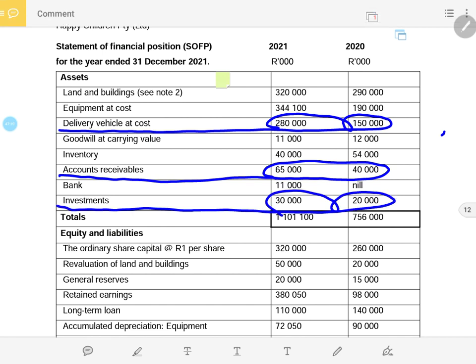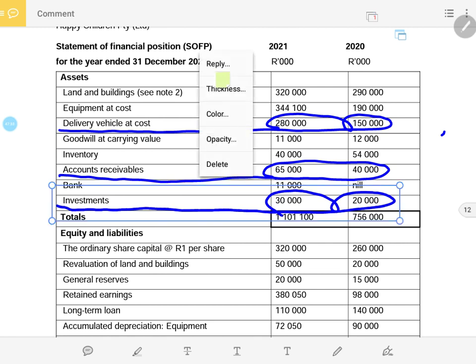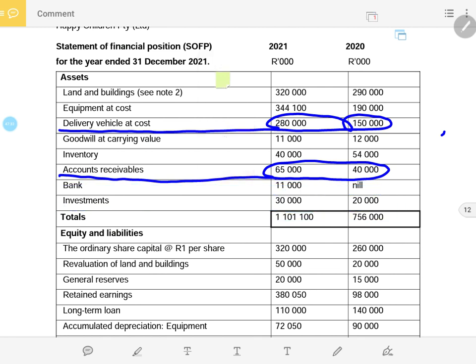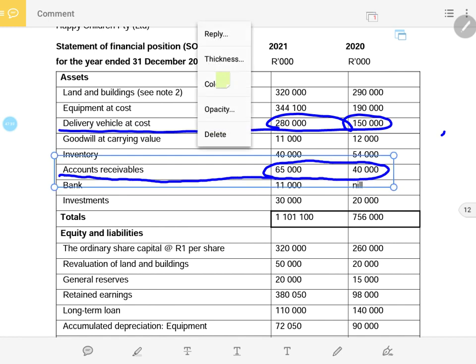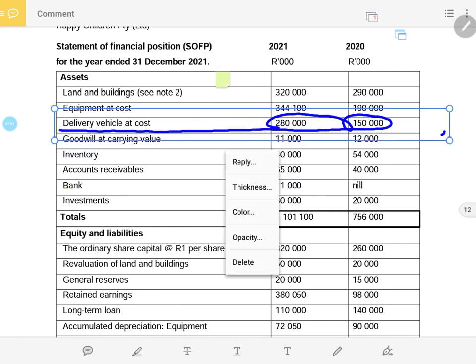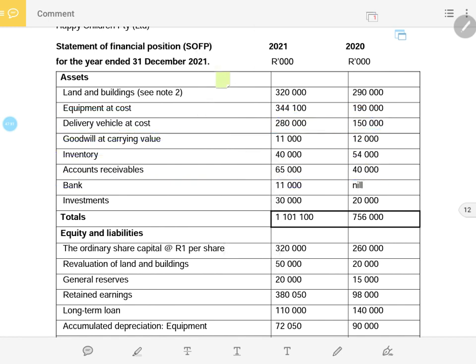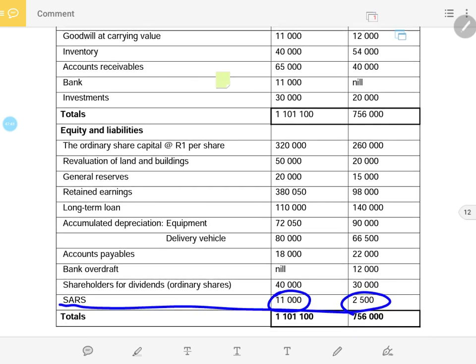Financing, we look at the shares that were bought or shares that were redeemed. Number two, you look at your loan: did you take a loan and did you repay that loan? Those are the core things. If there are also debentures, take into account the debentures. Debentures can be under equity, or they can be non-current liabilities.